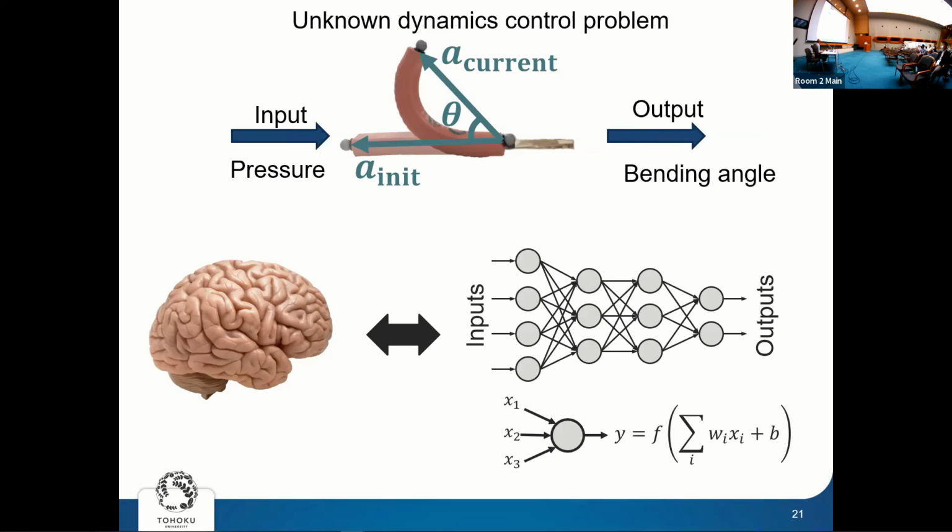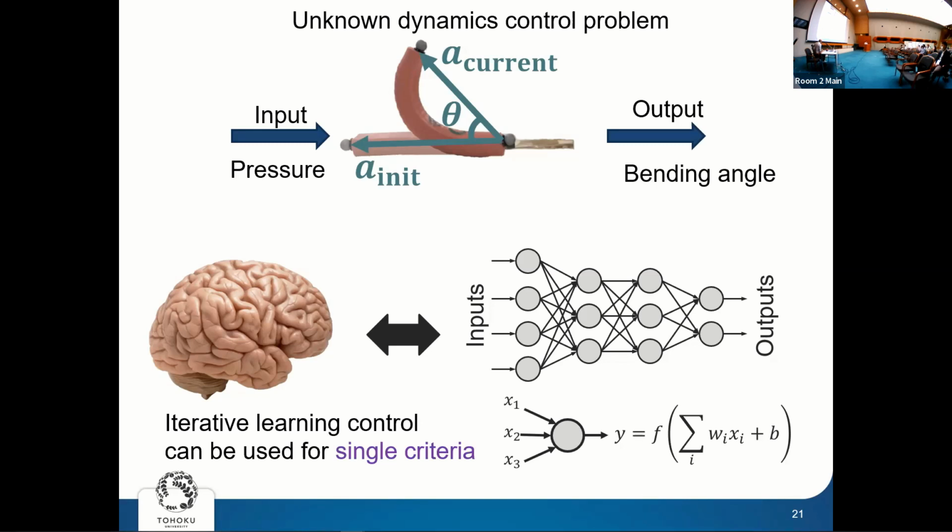For example, if we create air pressure from the mouth, initially we don't know how to change the pressure, but after trial and error, we find the input-output relationship. Having a kind of neural network model, we can invert the problem and directly create the necessary input.